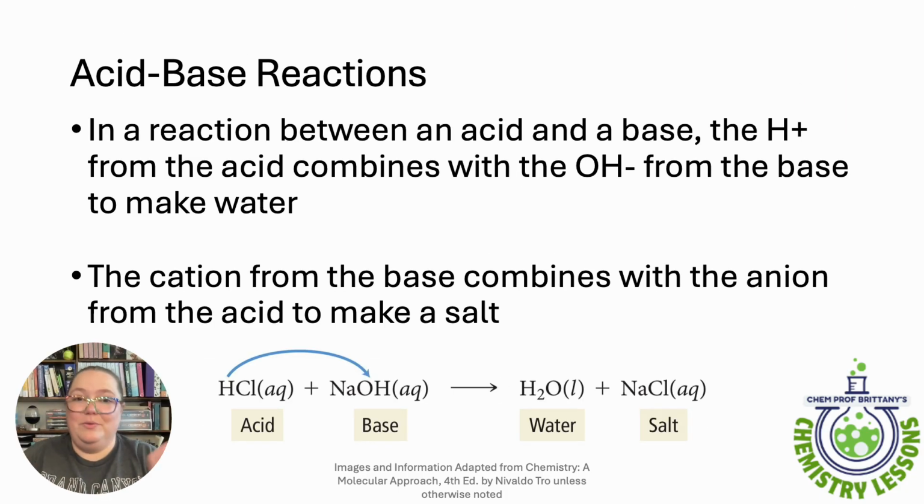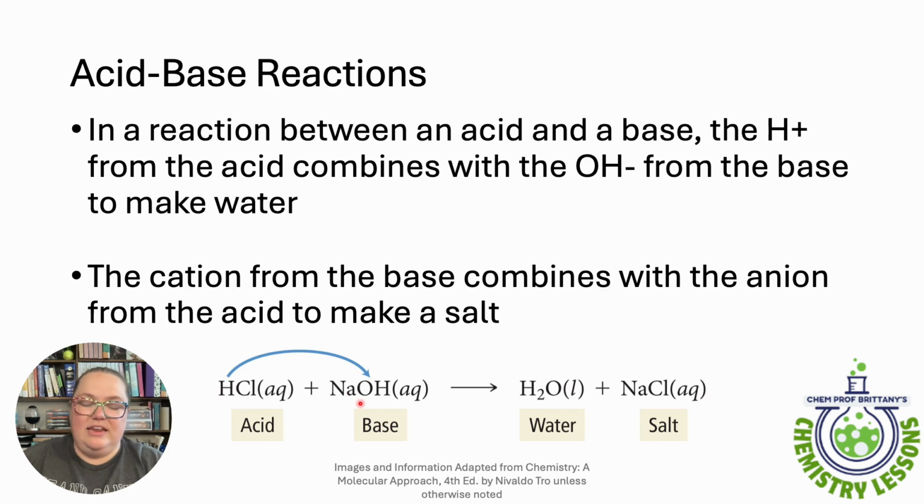Now that we know about acids and bases, let's talk about reactions between them. In an acid-base reaction, we have our hydrogen ion from our acid and our hydroxide ion from our base, and they react and make water. When they do that, what we have left is the anion from our acid and the cation from the base.